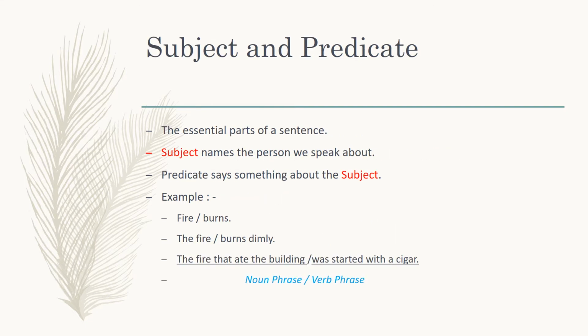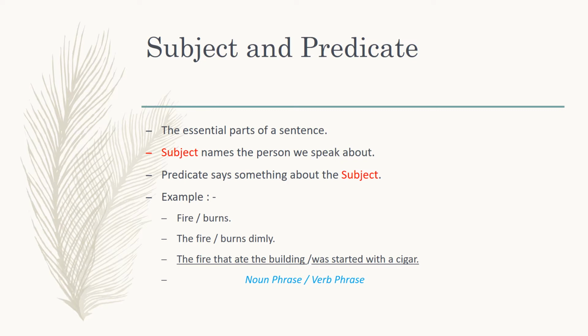So, moving on, we'll deal with the two most important essential parts of a sentence, that is, the subject and the predicate. So, what is a subject? Subject is something that names the person whom we are speaking about. For example, we say Rama loves Sita. Here Rama is the one who is loving Sita.